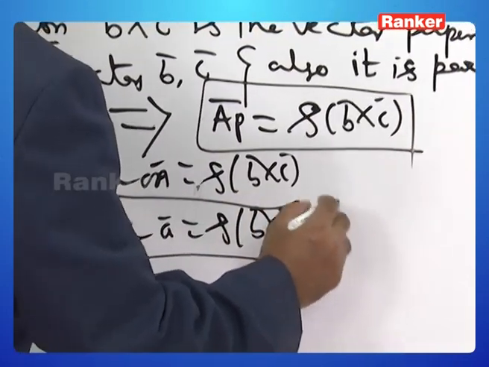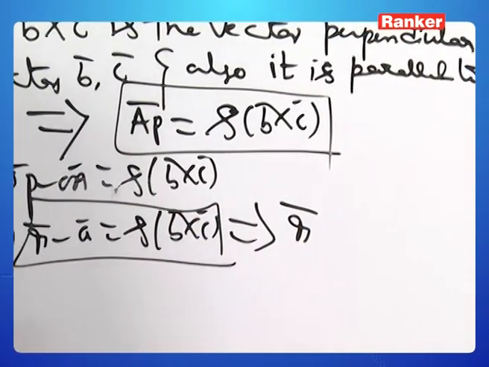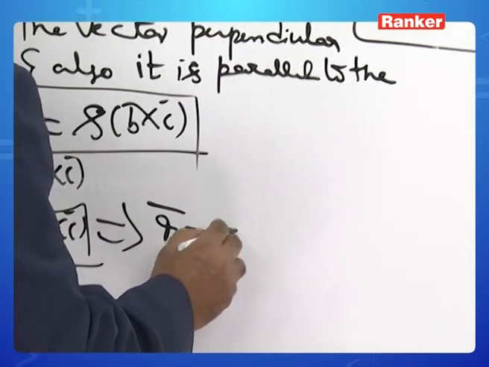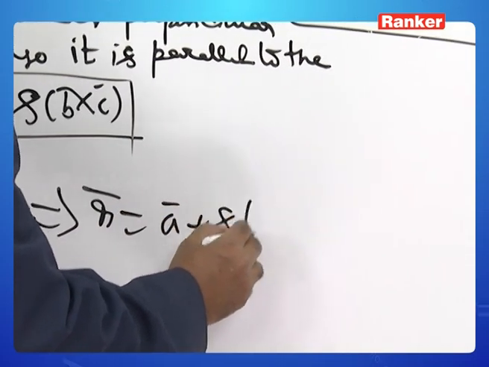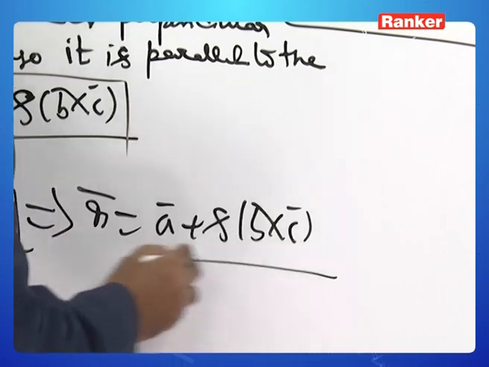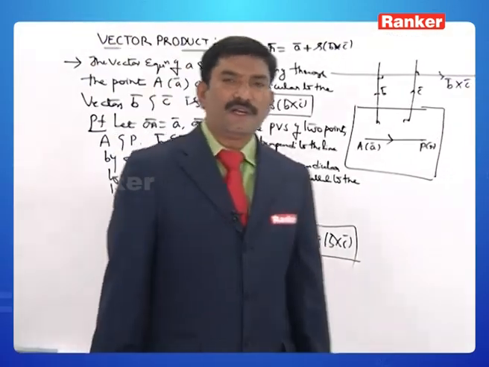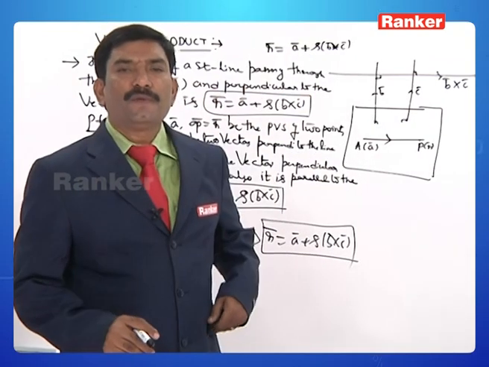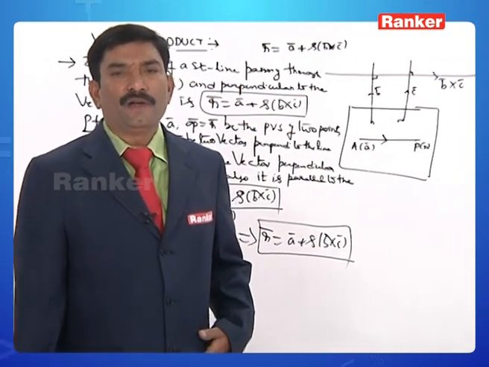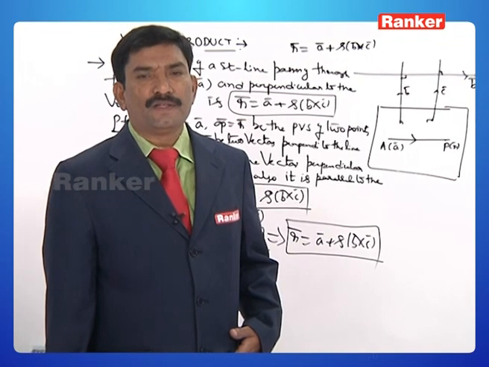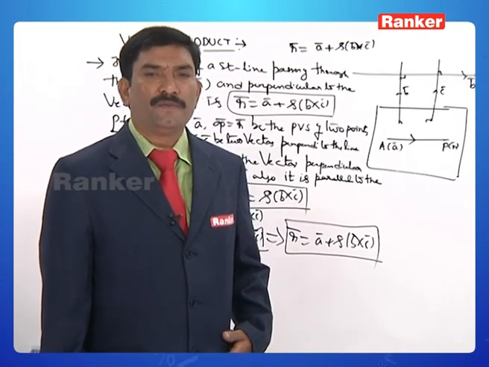Therefore, I can write R bar equals A bar plus S into B bar cross C bar. This is the vector equation of a straight line passing through the point A bar and perpendicular to the two vectors B bar and C bar.